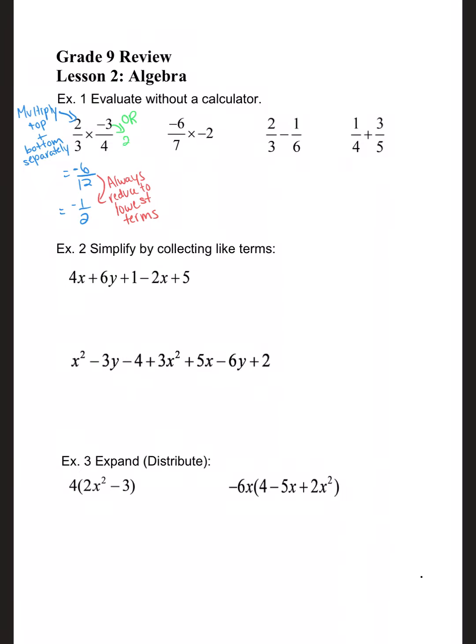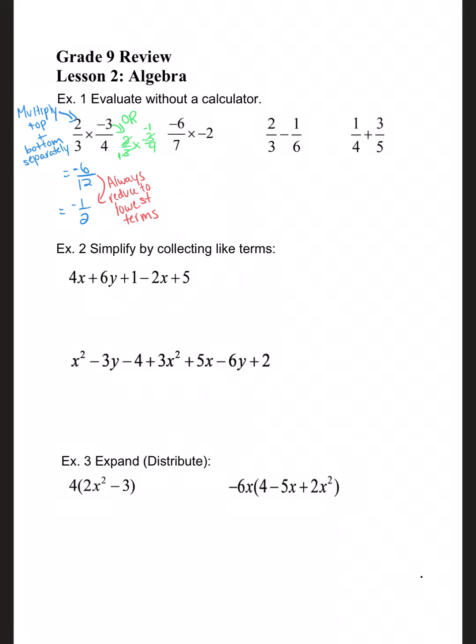Another way to approach this fraction, I'm just going to write an "or" up here. Let's say we had 2/3 times -3/4. We can simplify any terms that can be reduced that are diagonal from each other before we actually do the multiplication. So we can simplify these 3's, because 3/3 is just 1, but since we have a -3 on the top here, this will become a -1 and 1.